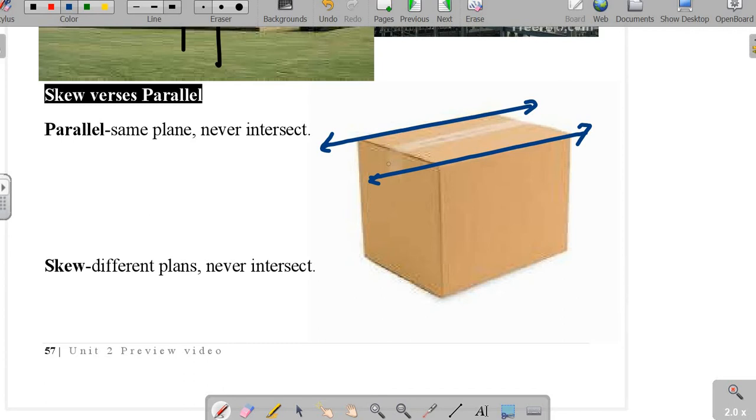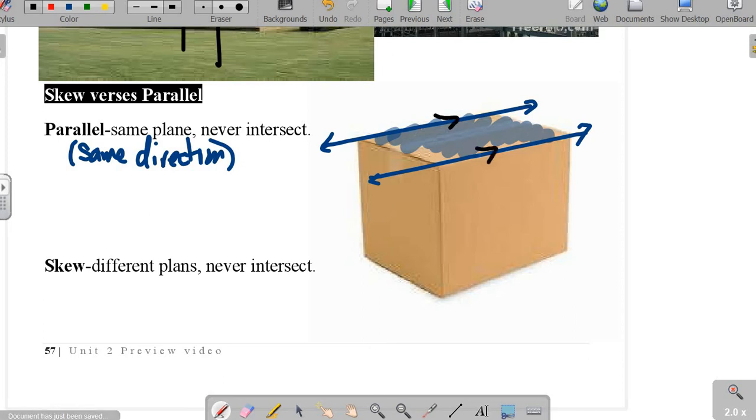Those lines are on the same plane and they go the same direction. When we say plane, we mean a flat surface. So they're on the same flat surface going the same direction, but they never intersect. Those are considered parallel lines. We use these little arrow feathers to represent parallel lines.